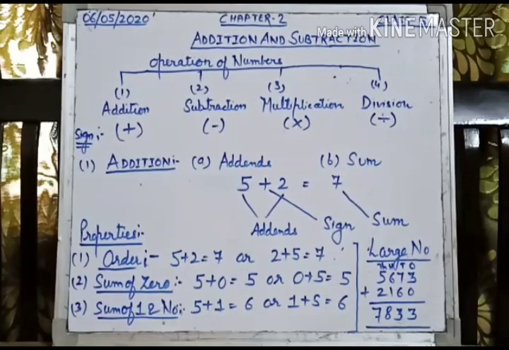That means when we add 1 to a number, the answer is the number after 5. After 5 what comes? 6. If I am adding 5673 and 1, instead of writing and calculating everything, automatically it should come into your mind that it will be 5674.